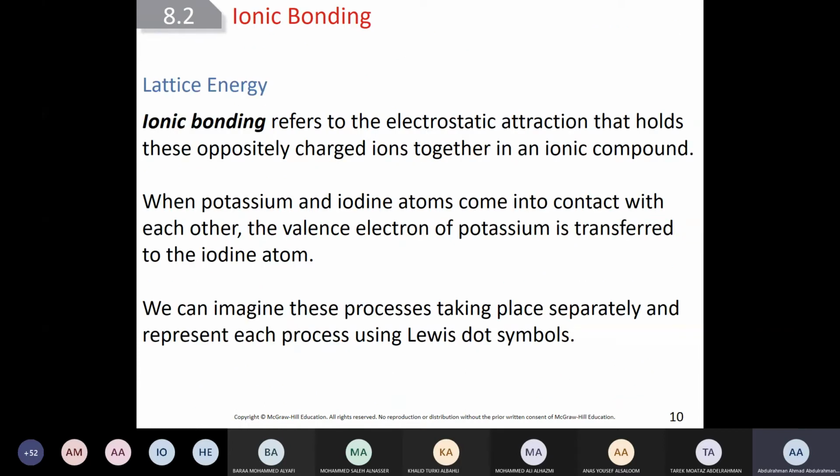We know the meaning of ionic bonding. It is between metal and non-metal. How does it take place?